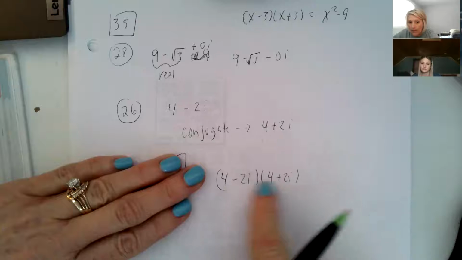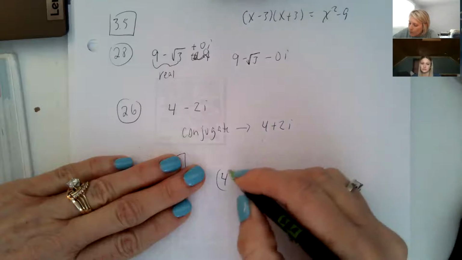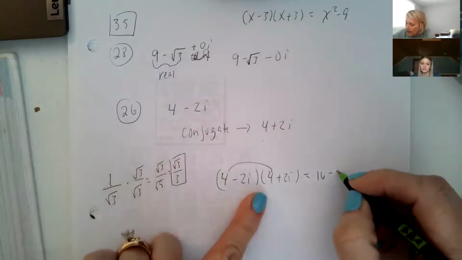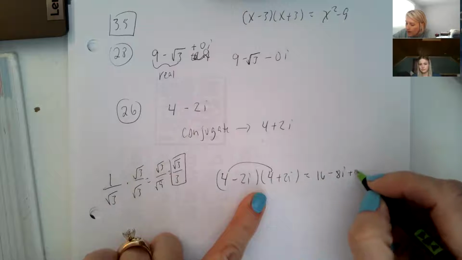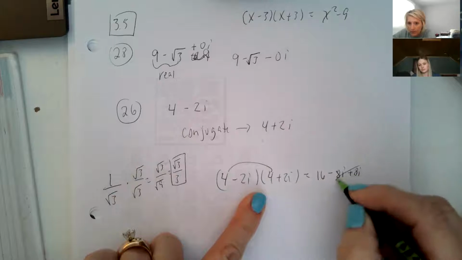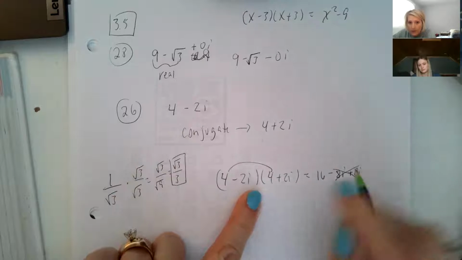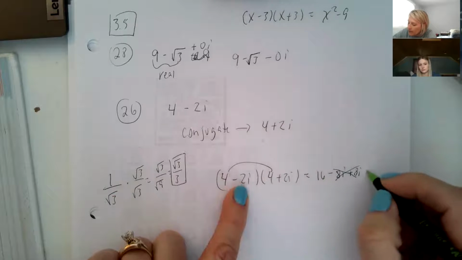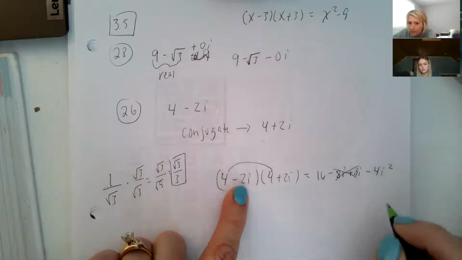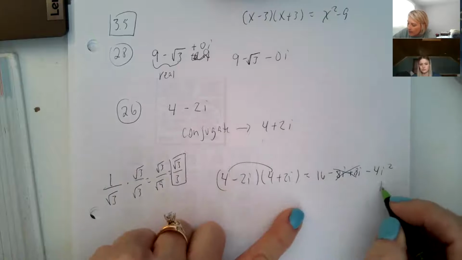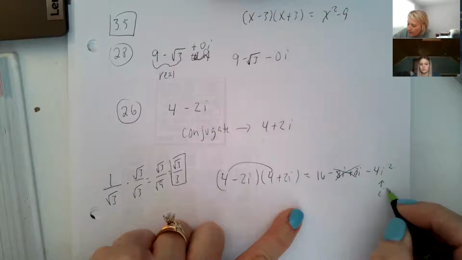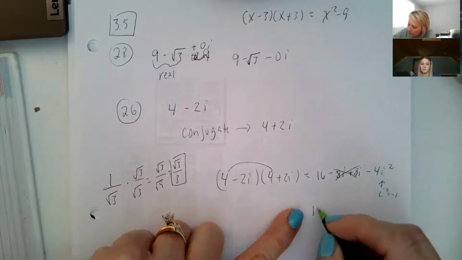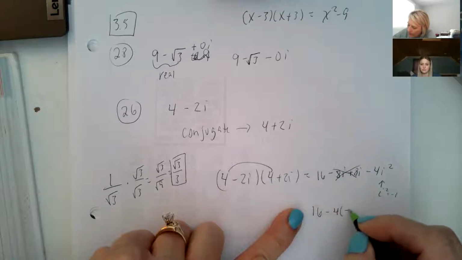You're going to multiply by the conjugate so that when you multiply, you get 4 times 4 is 16. And then you get a minus 8i in the middle plus 8i in the middle. So those middle terms go away. And then you end up with a negative 2i times 2i. So this is a minus 4i squared. I squared is always equal to a -1. So this becomes 16 minus 4 times a -1.